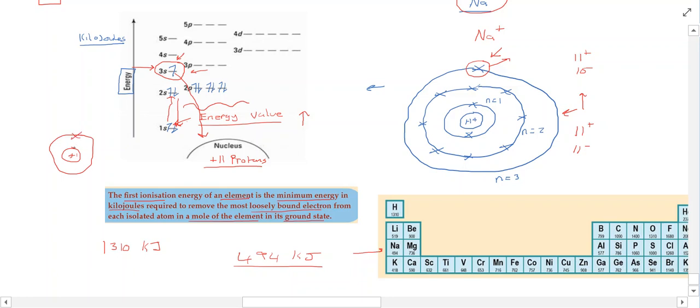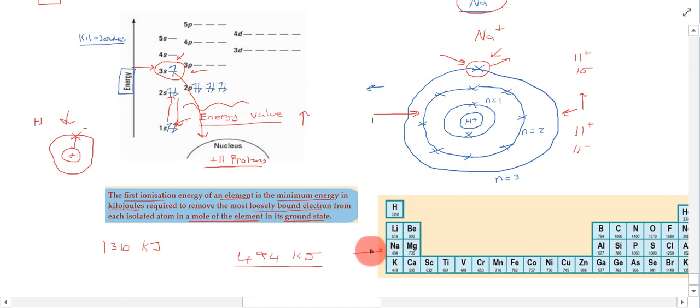This negatively charged electron in hydrogen is much closer to the nucleus, so the nucleus has a much stronger grip on it. In order to pull this electron off, you're going to need a lot more force than for this one in sodium, which is much further away from the nucleus, and there's also a screening effect from all of the electrons between the nucleus and it. So as you move down the group, the ionization energy reduces.